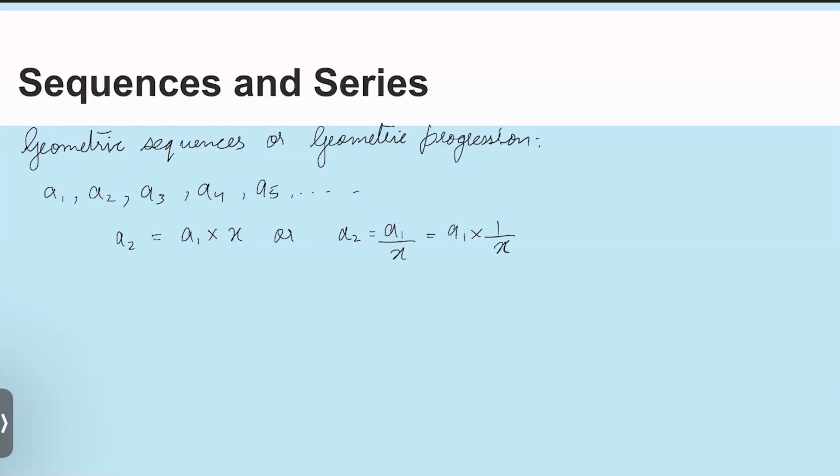This is what you have for a geometric sequence.